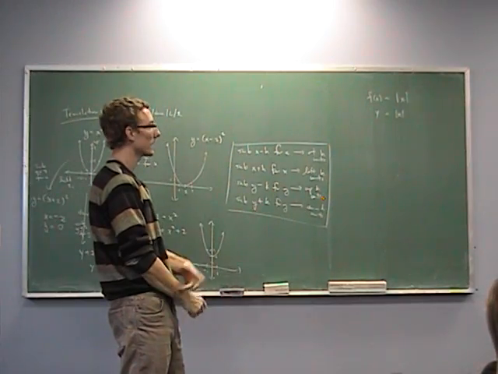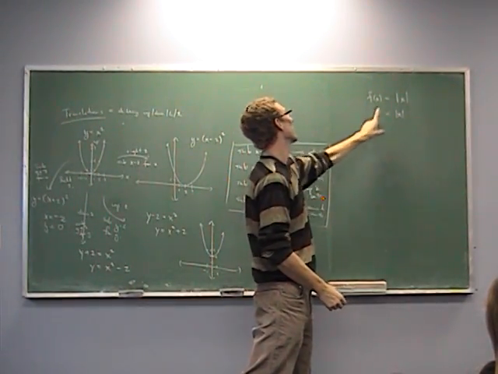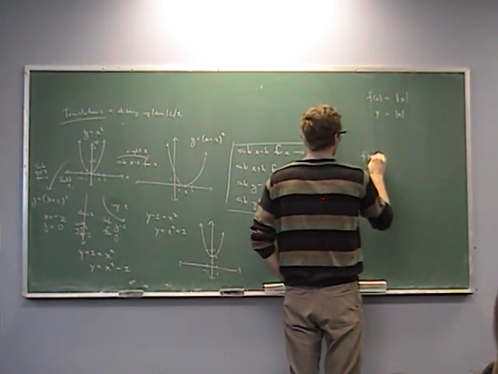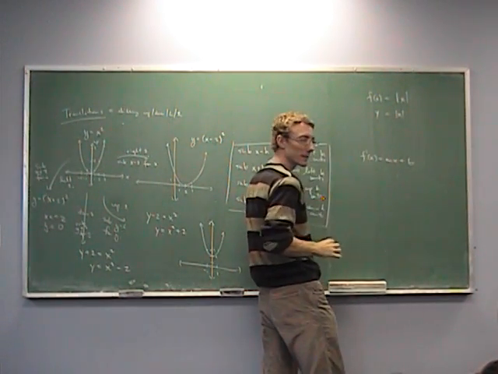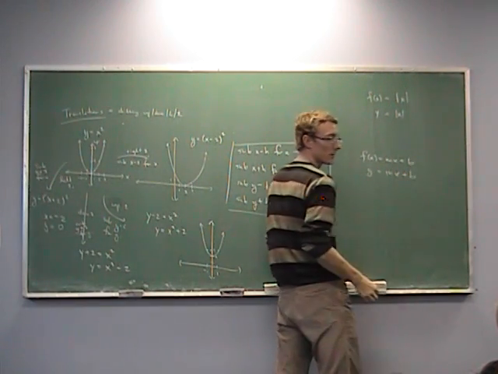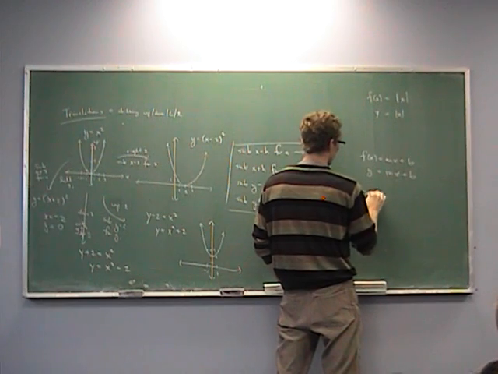You put in x, you get out that, and that's the same as the y. Any function, I can write the equation of a line like this. I could write the equation of a line like that. It's really the same thing, because think about this function.